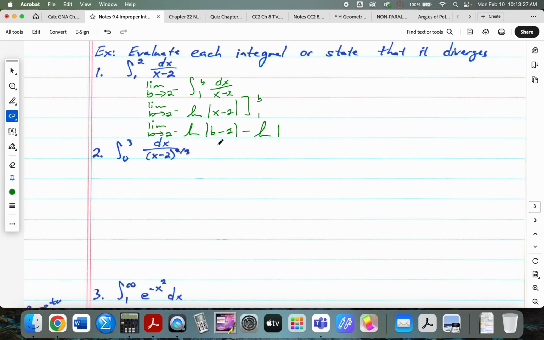And we're like, okay, what does that do? As b approaches 2 from the left, then b minus 2 is going to be small. If b is not quite 2, this is going to be a small negative number, but we take the absolute value of that, and that's going to get closer and closer to small positive numbers, near 0.